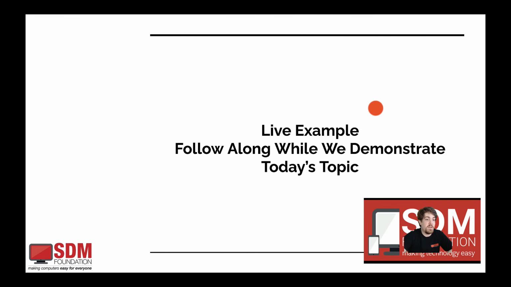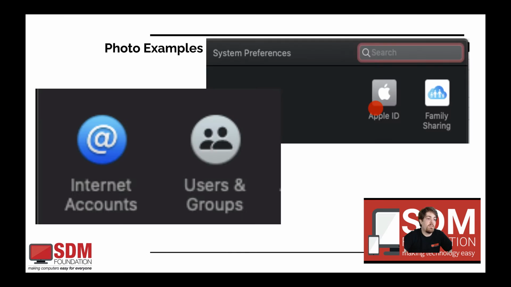Okay, and moving on to the next slide, we have some photo examples of internet accounts, users and groups, Apple ID, and family sharing. Now, all of these can be found within that initial system preferences window. So all of these icons will appear there.